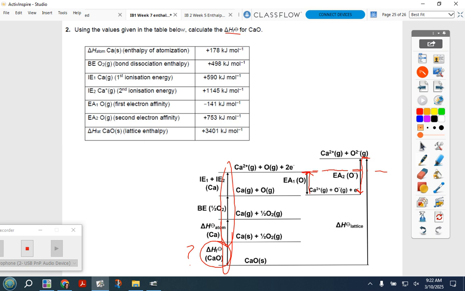Even though, just in terms of the cycle, not in terms of the actual values or signs of these numbers, we're going to have to subtract here and then add here, in order to get this side equivalent to this side. So we're going to have to take our lattice enthalpy, subtract our EA2, and add our EA1. Okay, and that's going to get us to the same level as what we have over here.